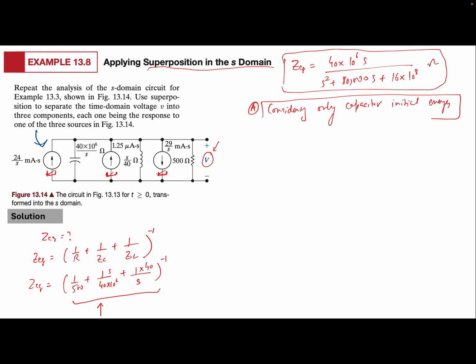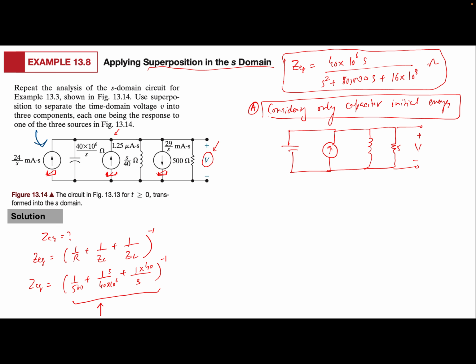If I'm only going to consider the capacitor initial energy, again, this means that I have to bring in this source and I can take the rest of the two sources out. So I can draw the equivalent circuit here. My circuit will be reduced to something like this, right?